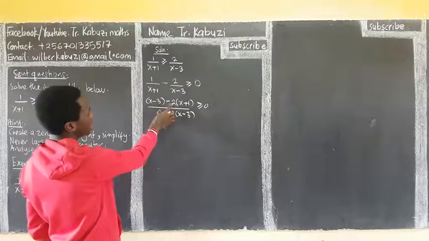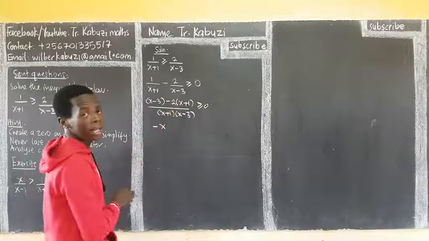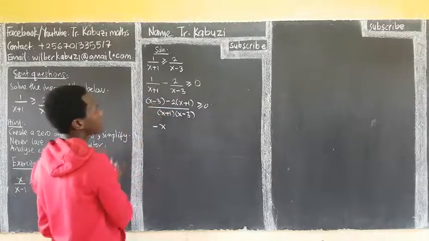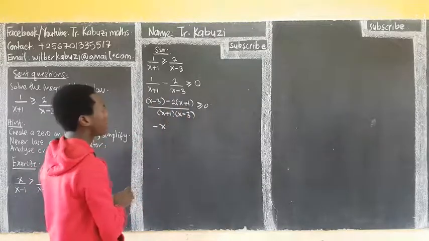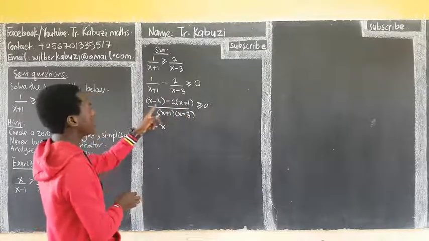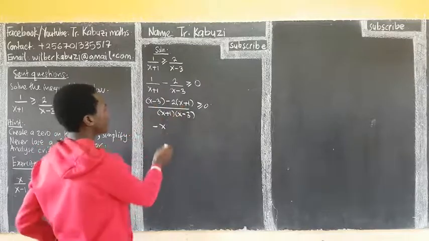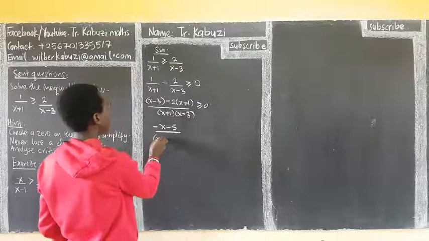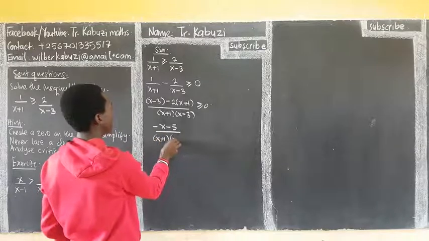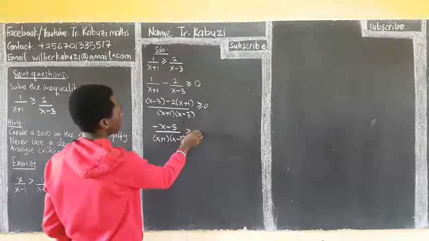When you open bracket, get negative 2x. Then it's going to be negative 3 minus 2 times a positive, there we have negative 2. So this negative 3 and this minus 2 shall get negative 5. Now over x plus 1, then x minus 3 greater or equal to 0.